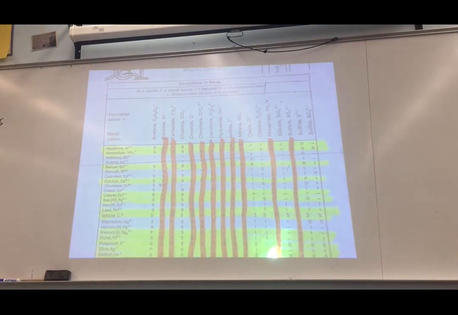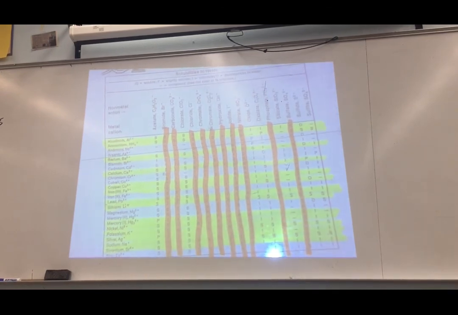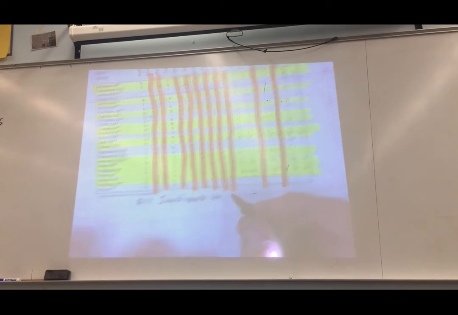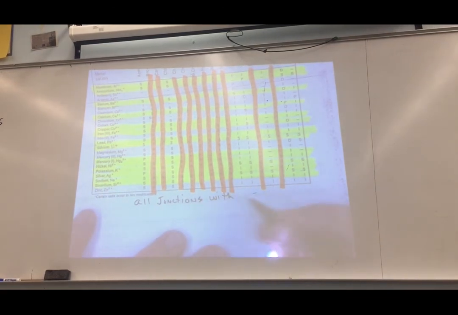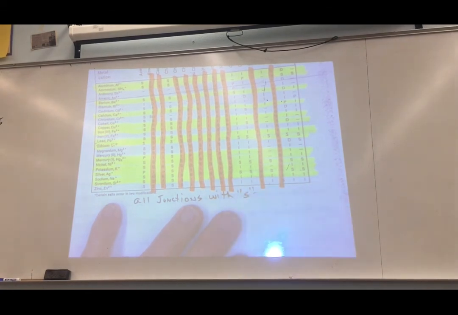Those are the 10 possible anions. Now, the very helpful part of this is all junctions with S are unknowns.